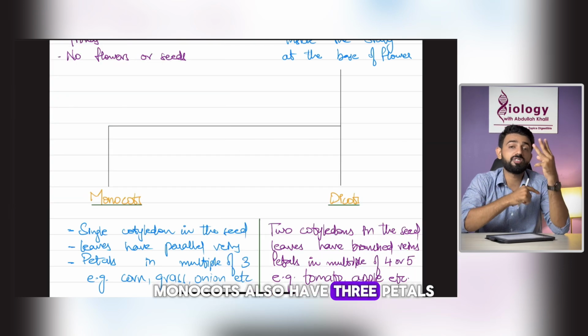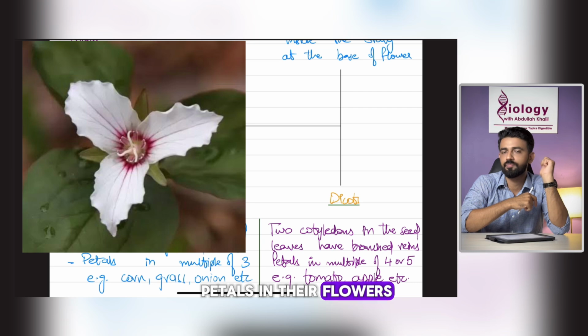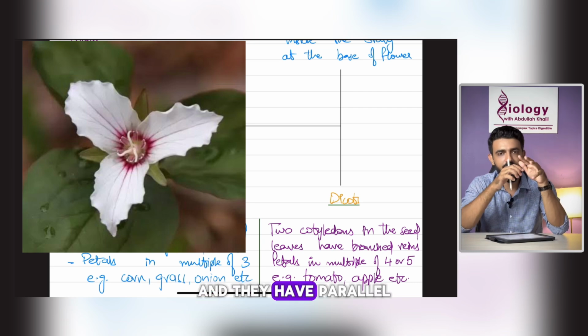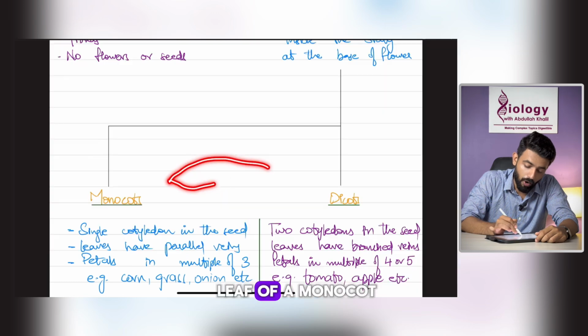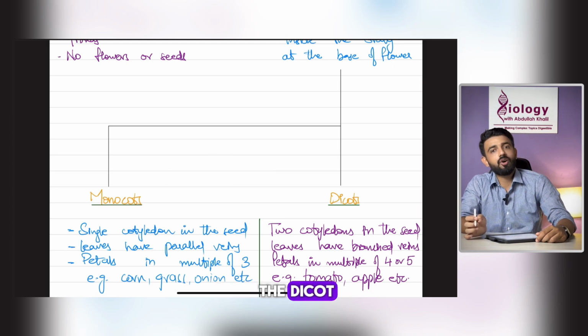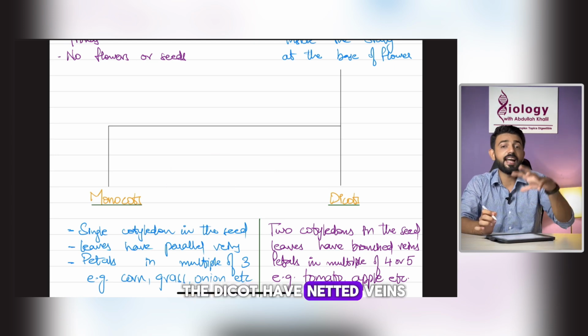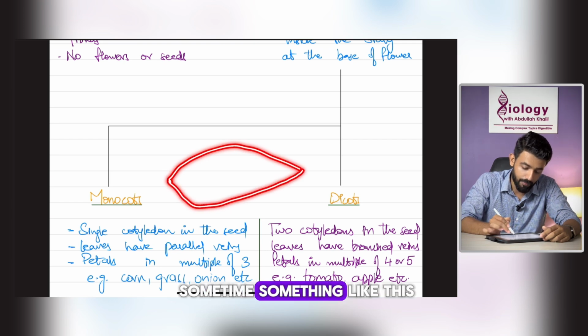Monocot also have 3 petals or multiple of 3 petals in their flowers. And they have parallel veins in their leaves. If you see the leaf of a monocot, they will have parallel veins like this. Okay. When you look at the dicot have netted veins, branched veins. The leaf would be something like this.